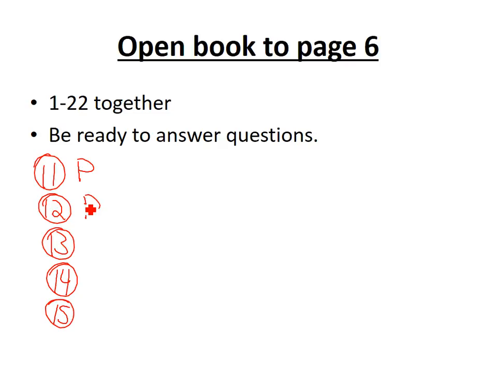A survey of 500 spectators from a stadium with 42,000 spectators. Sample. 14, annual salary of each pharmacist at a pharmacy. Population, because again, we're just dealing with what? That one pharmacy. We're not dealing with every pharmacy.